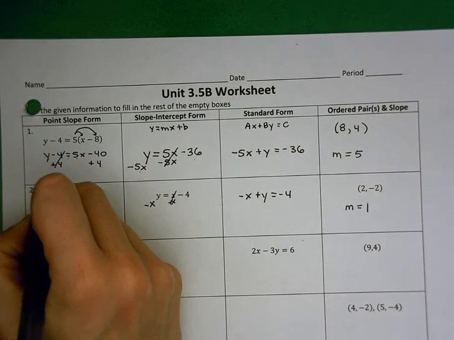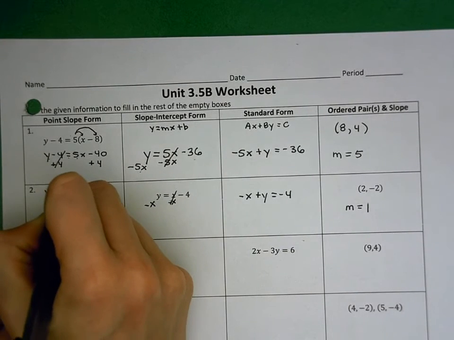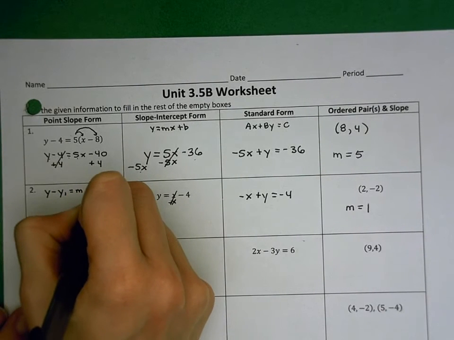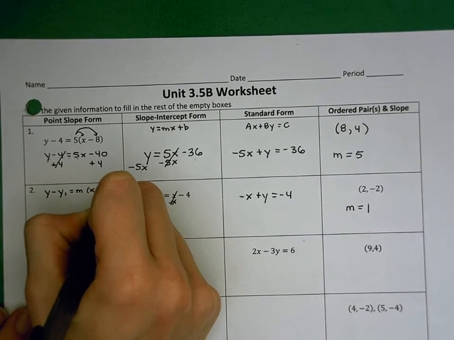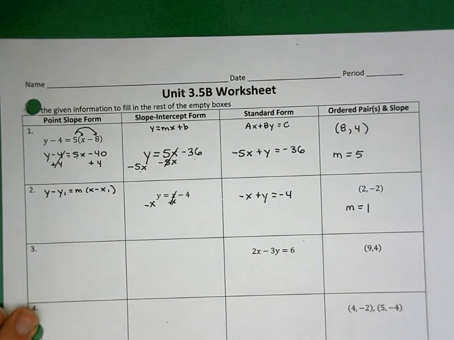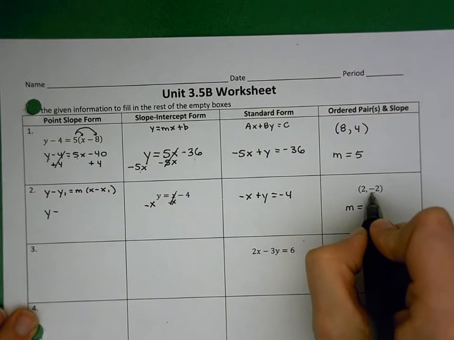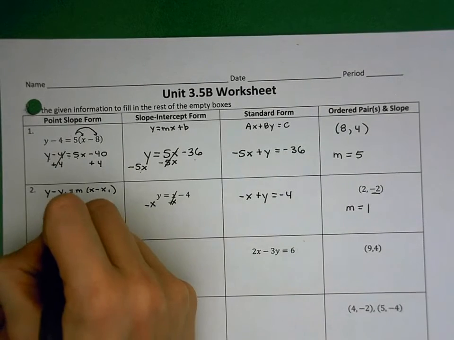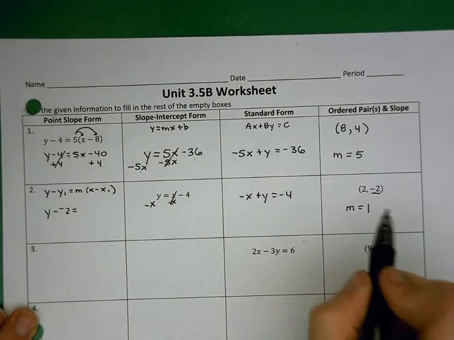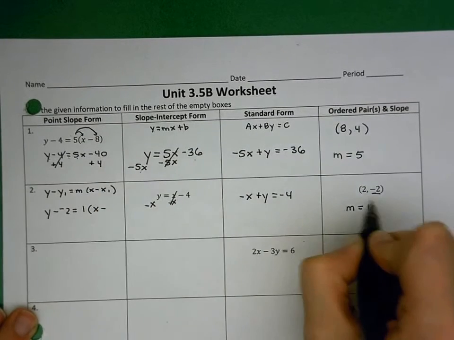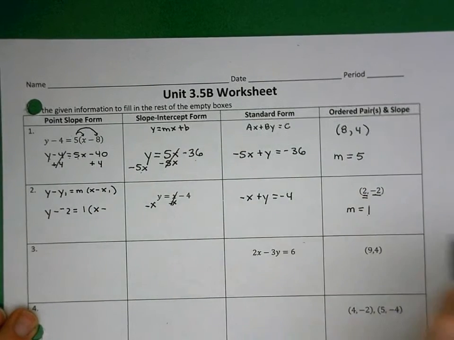Point-slope form is y minus y1 equals m times x minus x1. Okay. Well, my y1 in this particular case was negative 2. My slope was 1. And my x1 is 2.